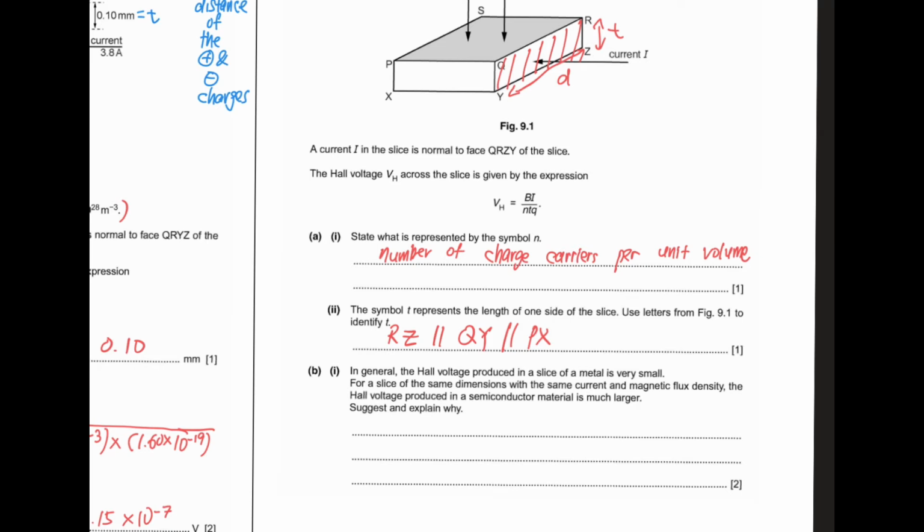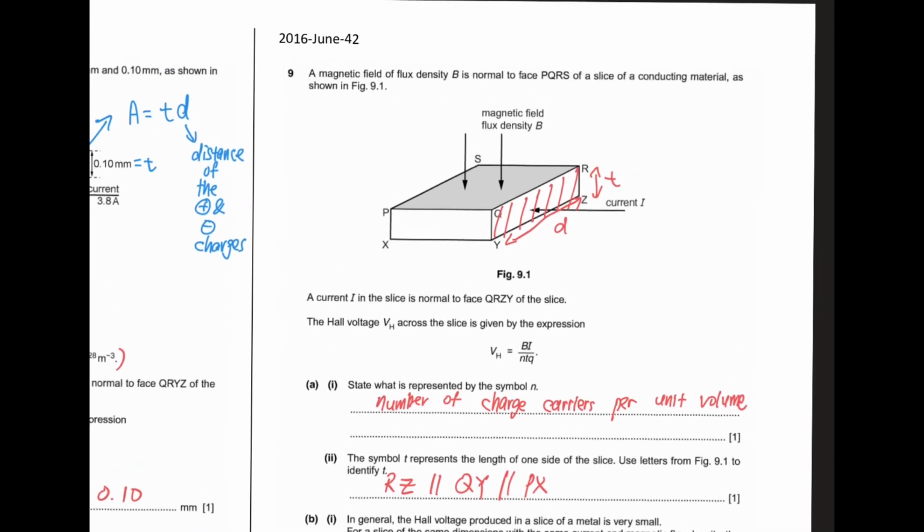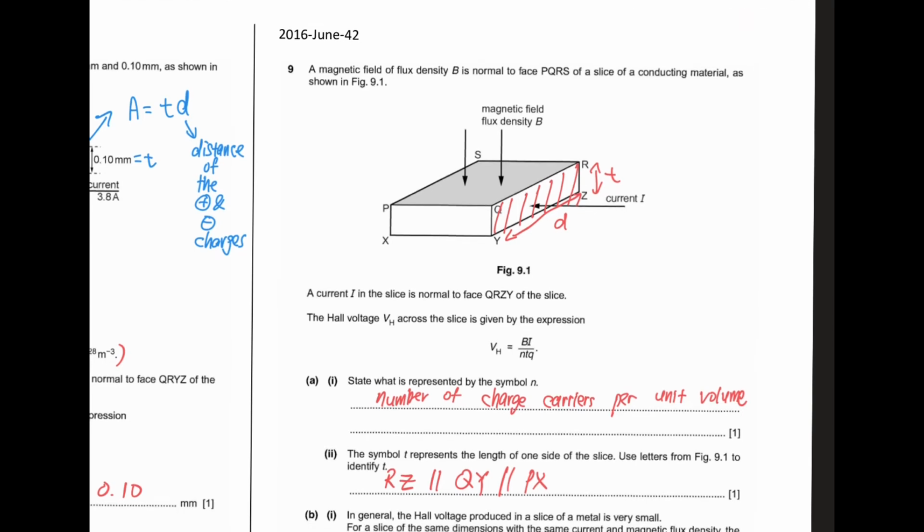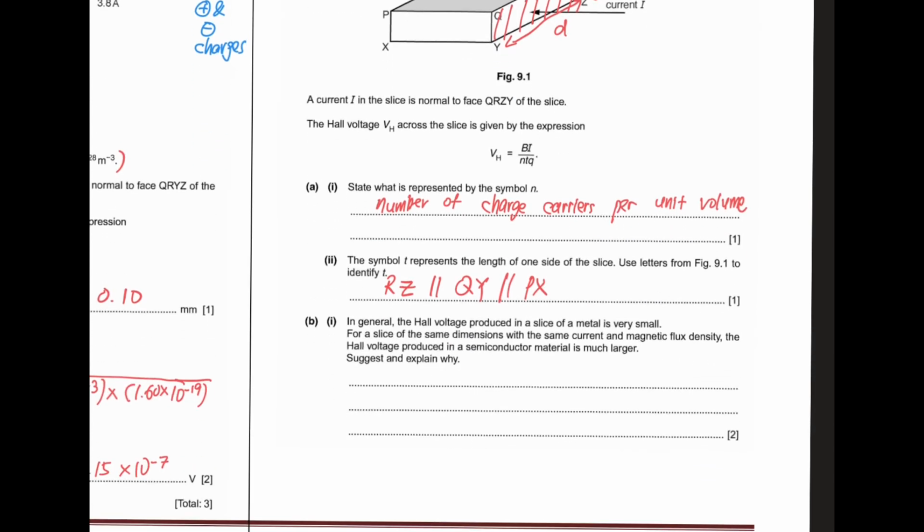So B part 1, in general, the Hall voltage produced in a slice of a metal is very small. For a slice of the same dimension with the same current and magnetic flux density, the Hall voltage produced in a semiconductor material is much larger. Suggest and explain why. So you know, initially they are using metal. Now they change the probe to semiconductor.